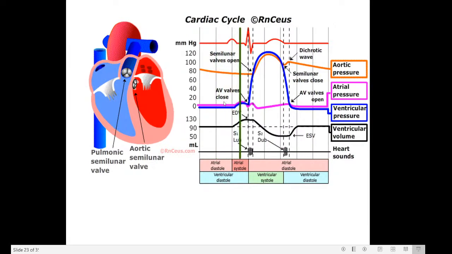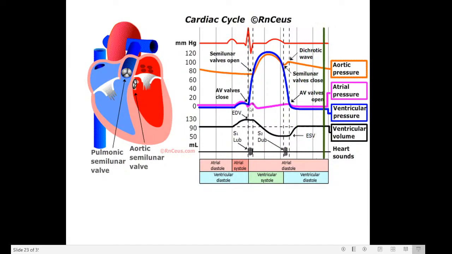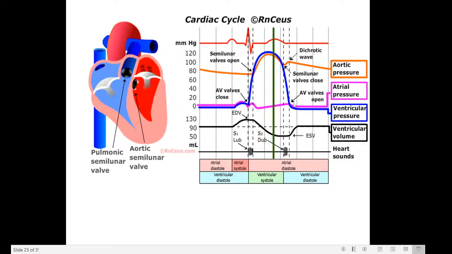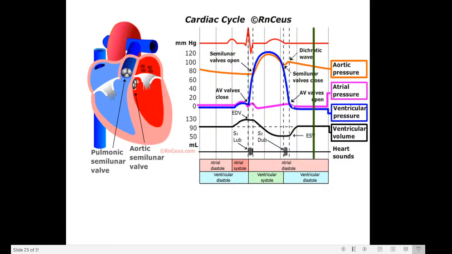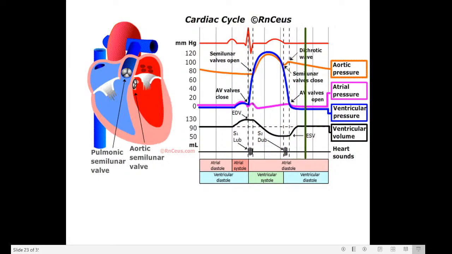First the AV valve closes, and after the release of the oxygen, the AV valve becomes closed. Then here you can see the pulmonary semilunar valve and the aortic semilunar valve. These are the two things present in the heart.